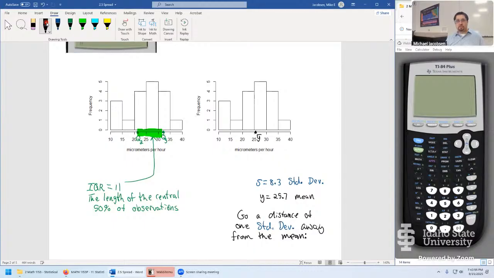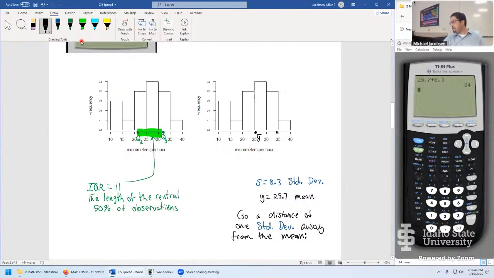That means we're going to put down two numbers, and this is quite a lot as well, right? Go a distance of one standard deviation away from the mean. Which direction? Both directions. Let me clear this out. Turns out hitting clear will get that out of there. Take the mean 25.7, to go a distance of one standard deviation, add one standard deviation to it, plus 8.3. And we get this figure, 34.